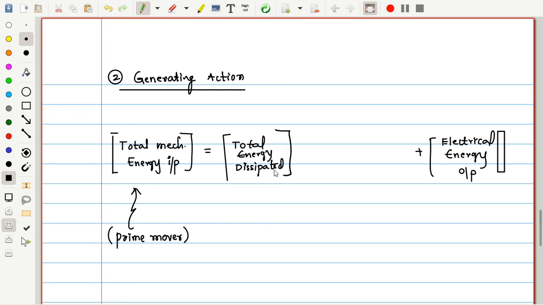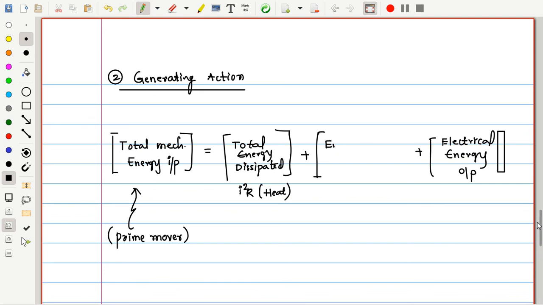I will discuss those points in detail later on, but for now just think of it as I square R loss, which will basically be heat loss. And there are certain other things. Just now let us focus only on these terms. So assume the energy loss, and the other component is again stored energy, electrical energy, or the energy stored.